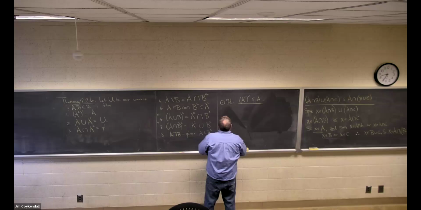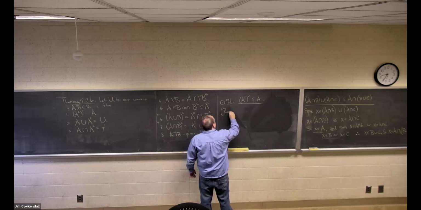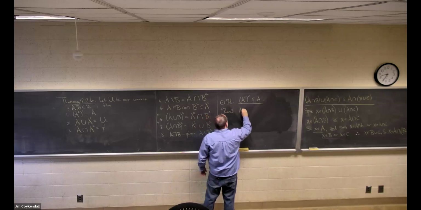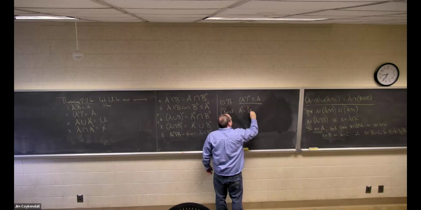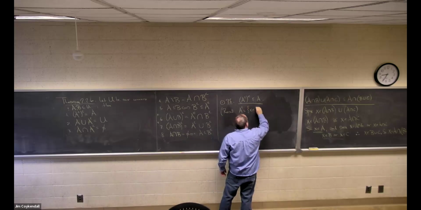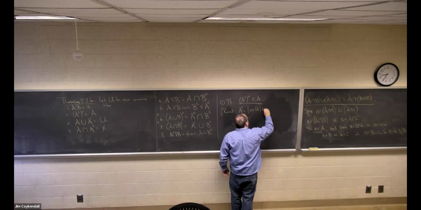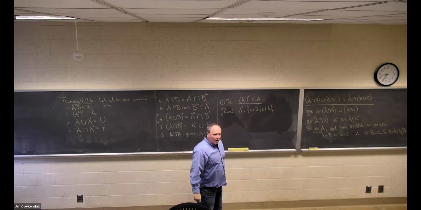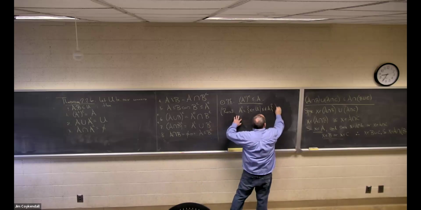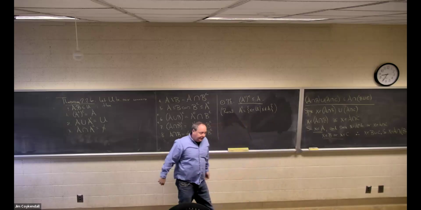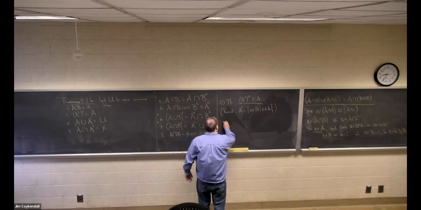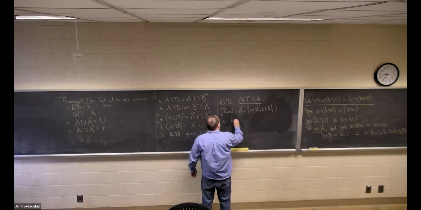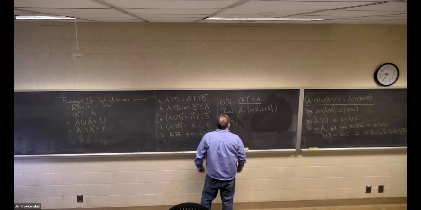And let me recall, because this might be useful, what the complement is. It's everything in the universe that's not in the set. So let X be in the complement of the complement of A.